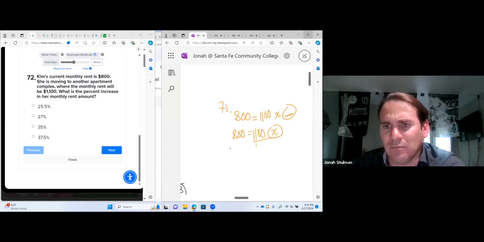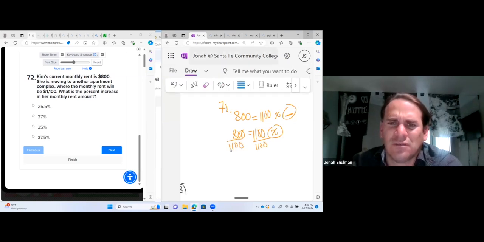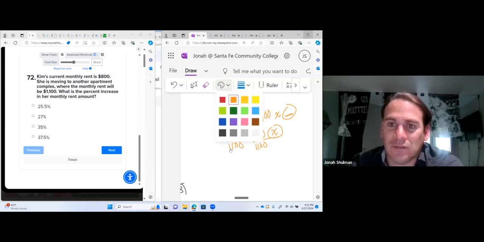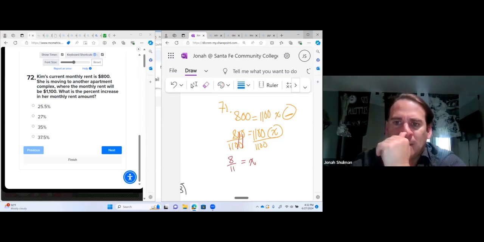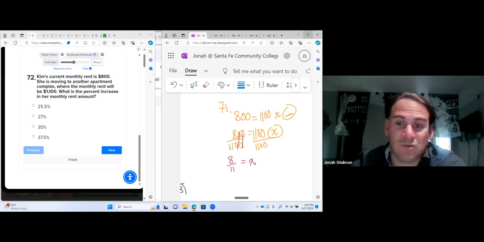So let's divide them both. You know what the first thing I'm going to do? Do you see how I have all these extra zeros? I don't like them. They worry me. So I'm going to make it so it's 8 over 11. And we'll see what happens, right?